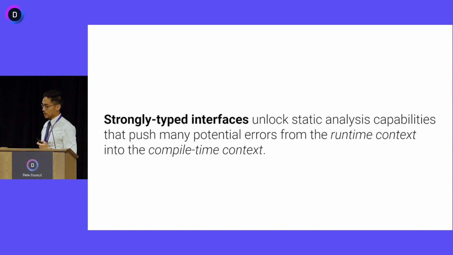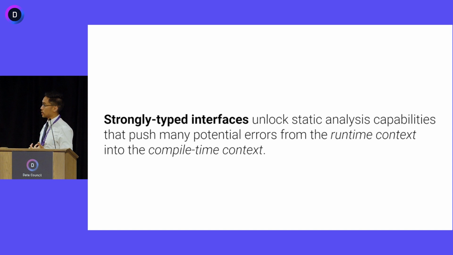So really the premise of my talk, the thing that I want to convince you of if you're not already, is that strongly typed interfaces unlock static analysis capabilities that push many potential errors from the runtime context to the compile time context. And I'll define these as I go and as I talk through my next points.